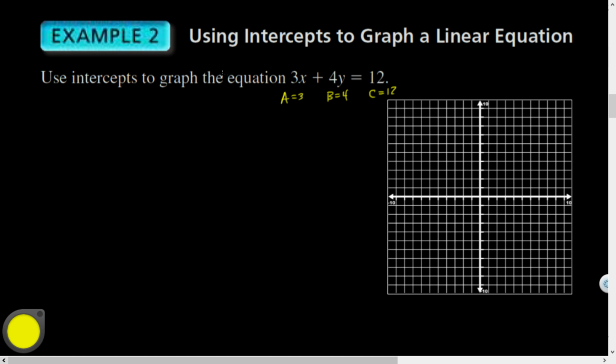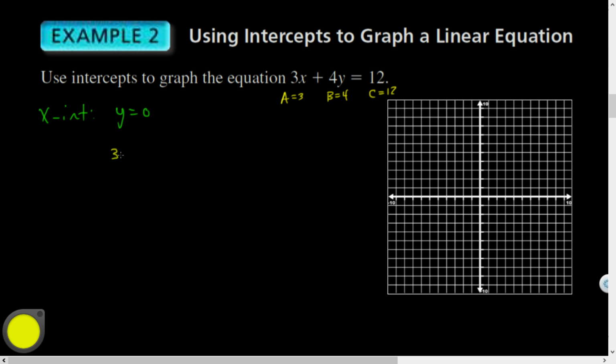And if I want to find the intercepts, to find the x-intercept, I'm going to set y equal to 0. Okay? So let's set y equal to 0. So this would be 3 times x. Oh, wrong color.